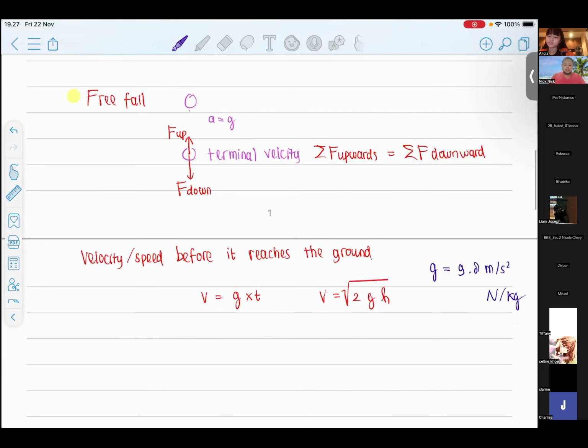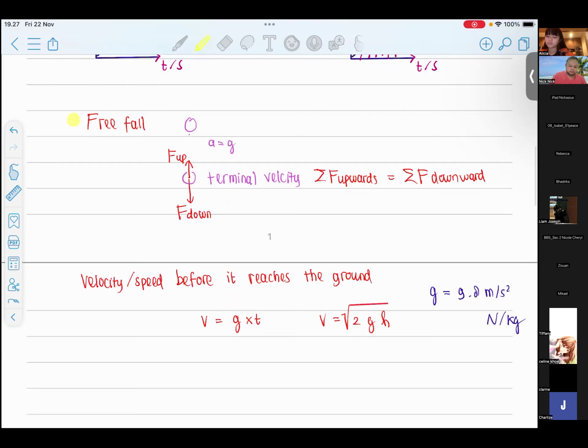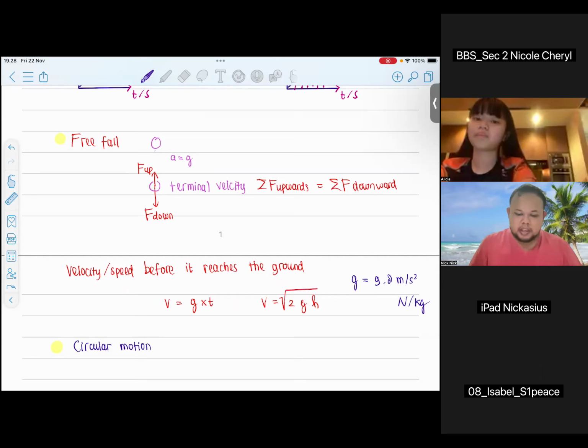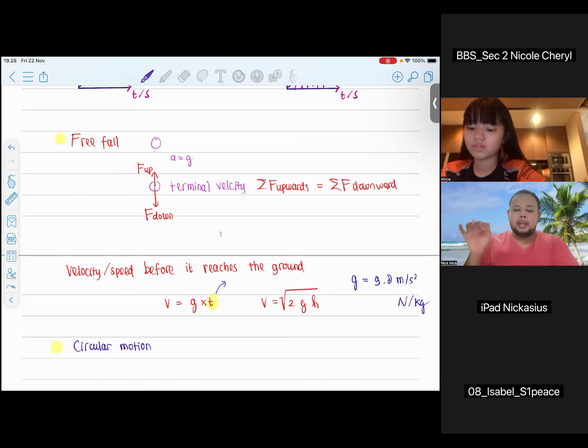And after this, about circular motion. Sir, what is T? When you ask something, because we are online, you have to state it clearly.